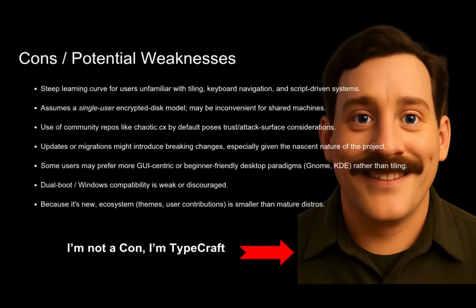Updates or migrations might introduce breaking changes, especially given the nascent nature of the project. 5. Some users may prefer more GUI-centric or beginner-friendly desktop paradigms, like GNOME or KDE, rather than tiling. 6. Dual boot Windows compatibility is weak or discouraged. 7. Because it's a new ecosystem, themes and user contributions are smaller than in mature distros.